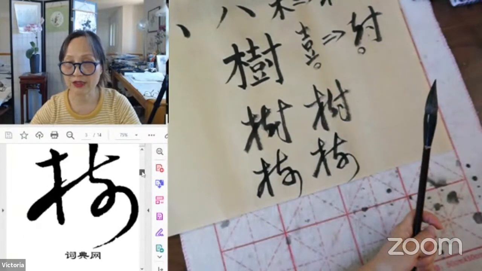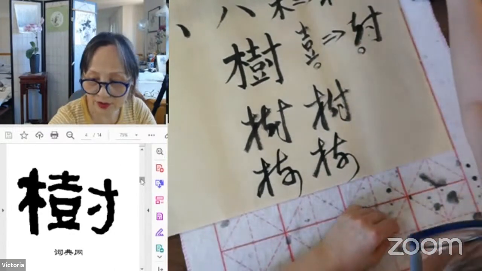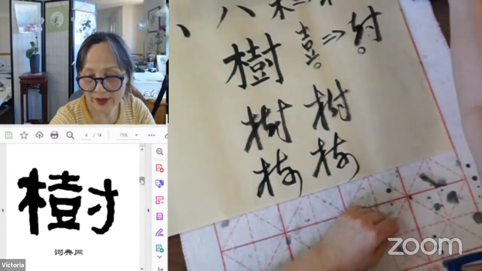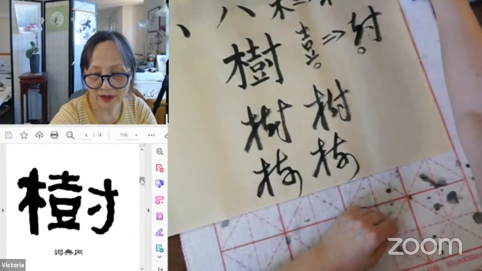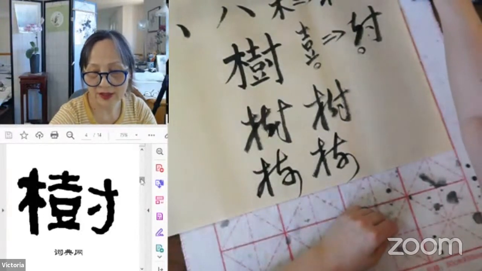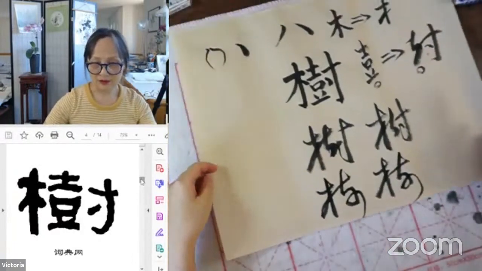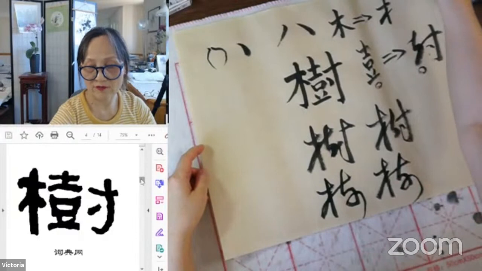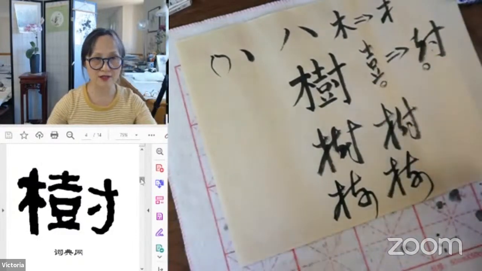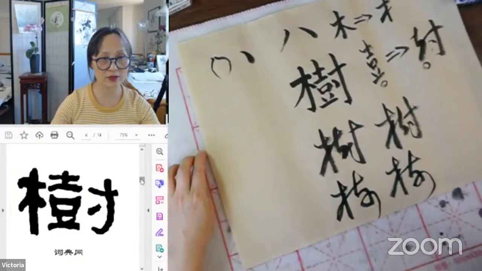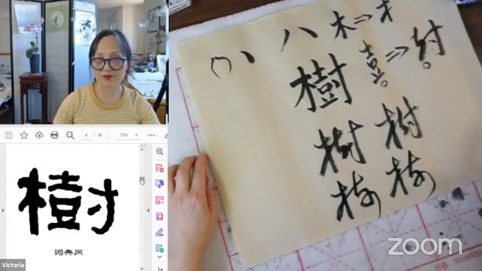That's the tree. And also, this is a clerical style. We always say this is the name for clerical style, which is actually earlier, very early, even earlier than all of those things, just after the seal script, seal carving script.